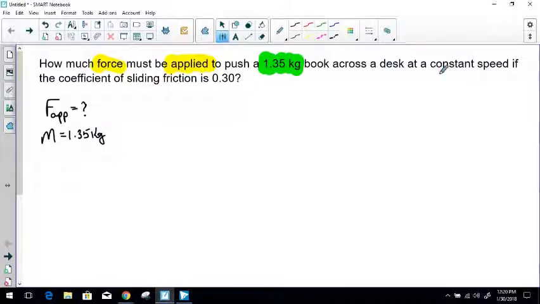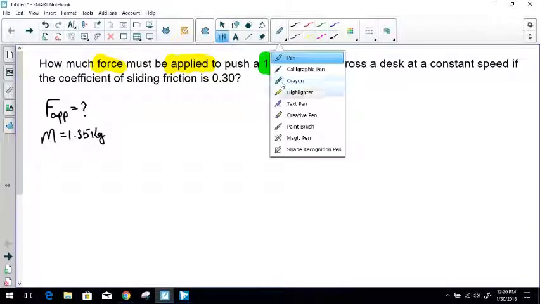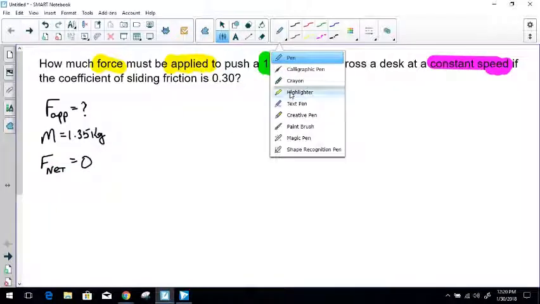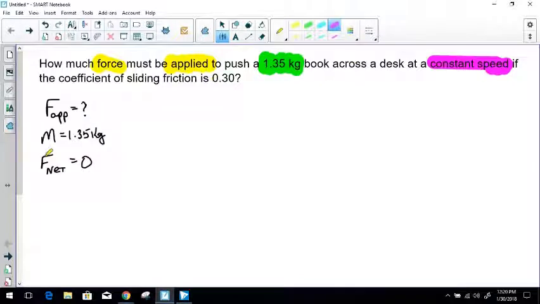Across a desk at a constant speed. So that's really an important piece of information. Constant speed. That means at a constant speed my net force equals 0. That's all because of this constant speed piece here.